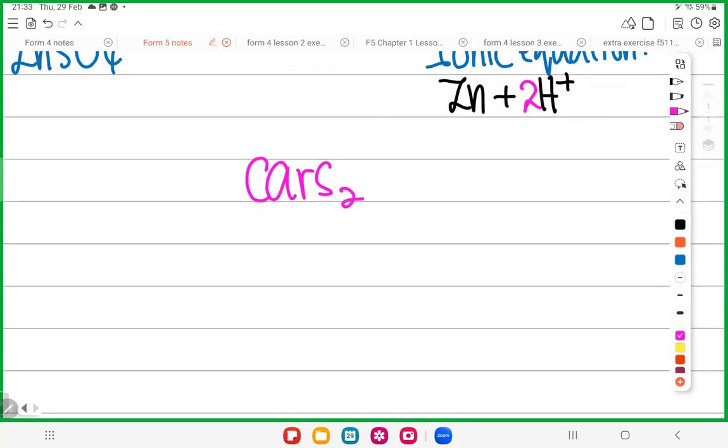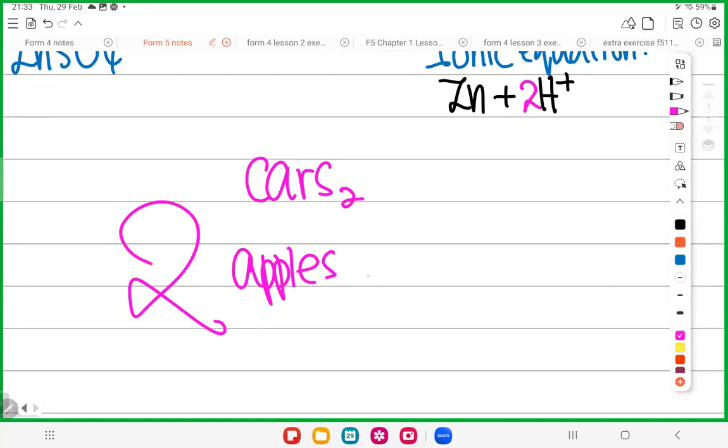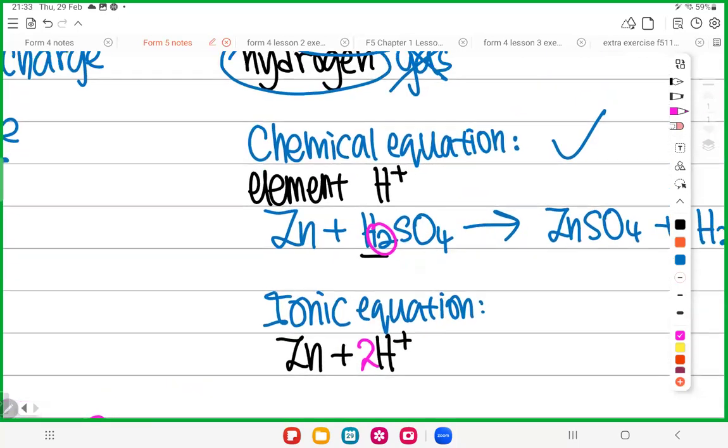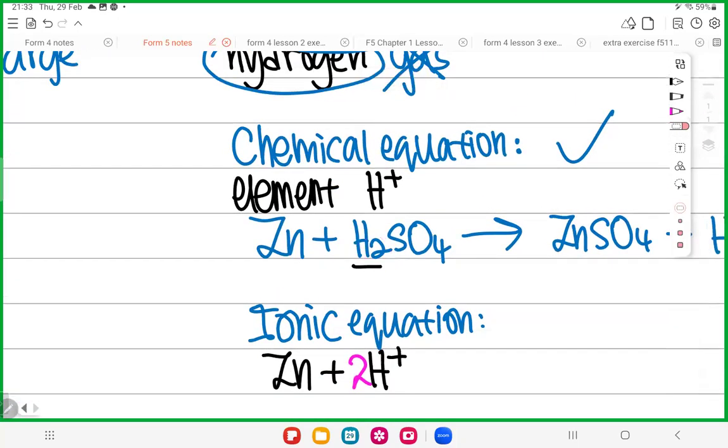I got 2 apples, where to put the 2? In front, not at the back. So although the formula here gives you the 2 at the back, you want to tell people the H+ has 2 of it. So you have to move the 2 here in front. Guys, let me know in the chat box, are you okay? Why I need to put the 2 in front? Are you okay with it?